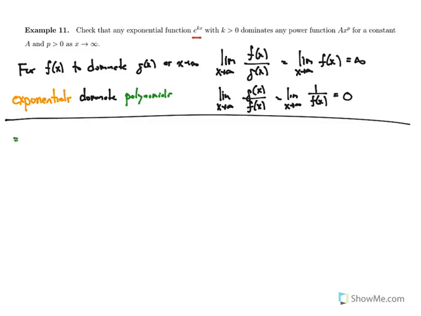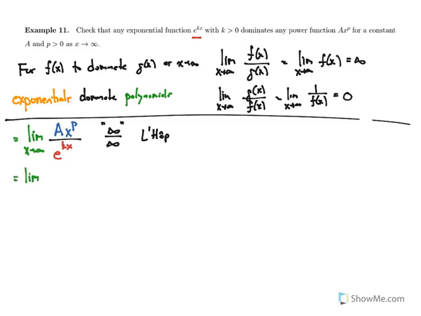So we're going to look at the limit as x approaches infinity of the power function a x to the p over an exponential function e to the kx. Note that when you plug in infinity, you're going to get infinity over infinity. That is indeterminate, but we can do L'Hopital's rule, and that's kind of the whole idea: which is going to be bigger, the top or the bottom? They're both really big. Which one goes to infinity faster?